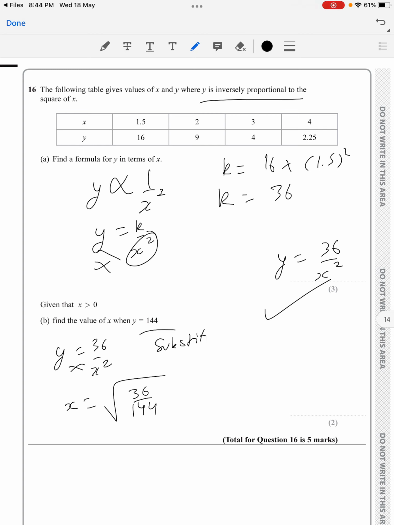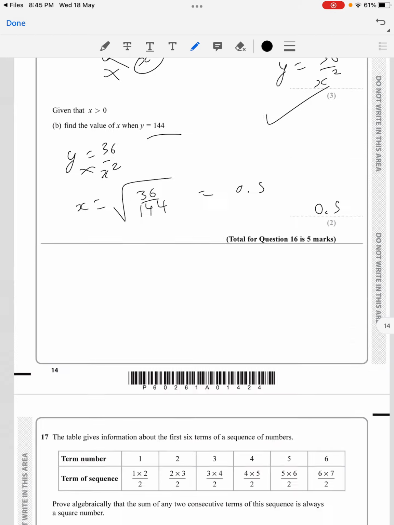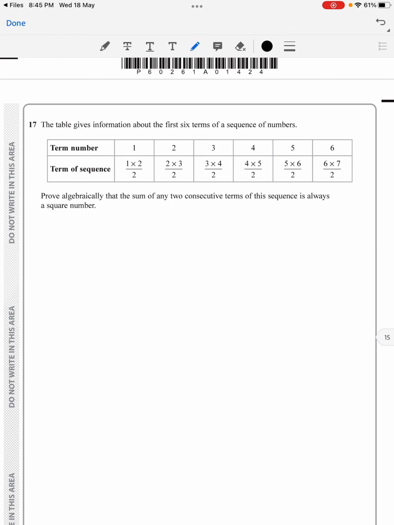This is a basic substitution. You have to know how to substitute values. You need to have strong grips on algebra. So 0.5 is your answer for 2 marks. This is basic substitution. You guys should be knowing this, right? Alright, let's move on to the next question.